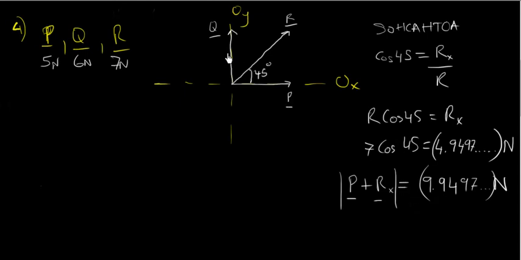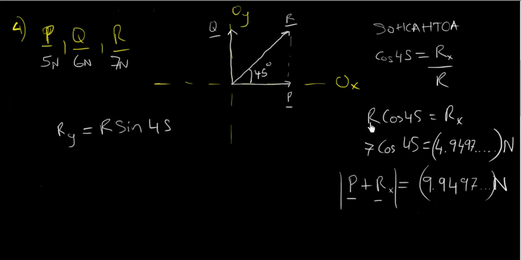Okay, so now we've done that, and let's do it on the other side. On the Q side, we want the R on the side of Y. Since that's the opposite, and the hypotenuse, that's sine, opposite over hypotenuse, so that's equal to the full R times the sine of 45.